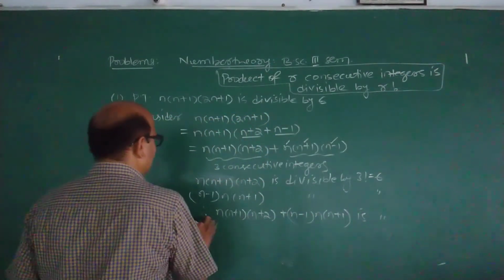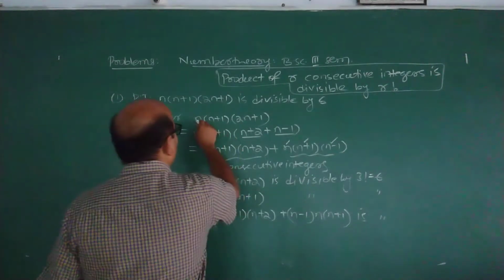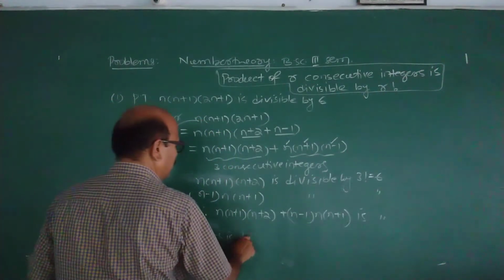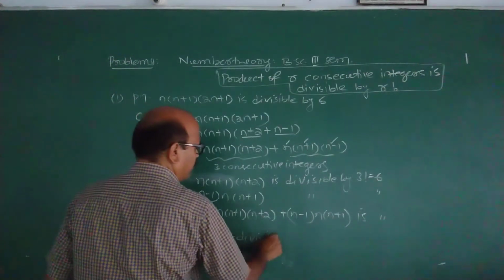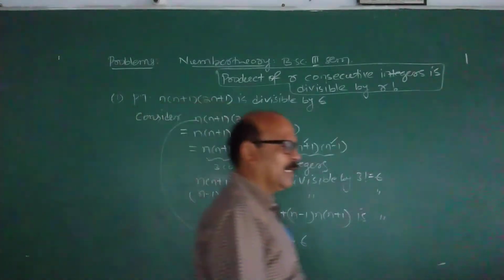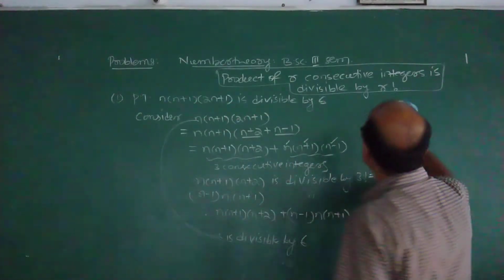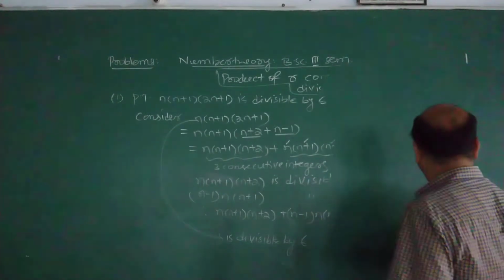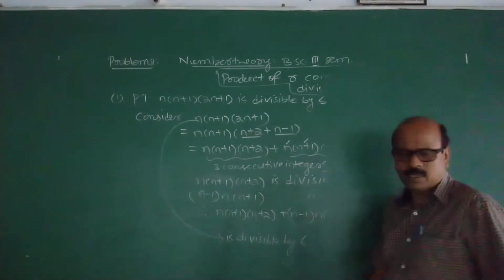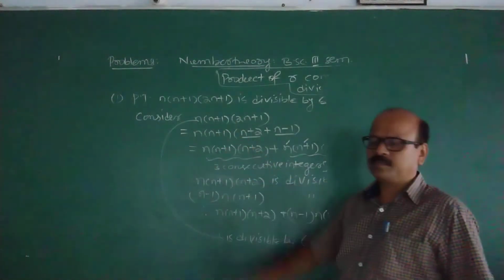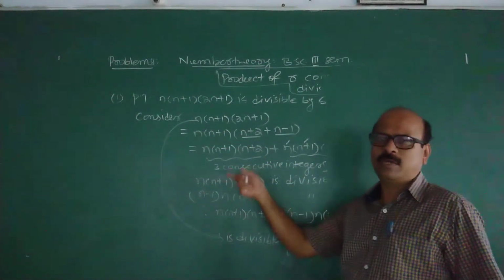Therefore n into n plus 1 into 2n plus 1 is divisible by 6. So while applying this result, you have to express the given number in terms of a product of consecutive integers. That is the main idea here. n always means a positive integer or natural number.